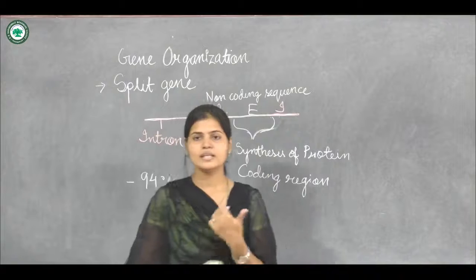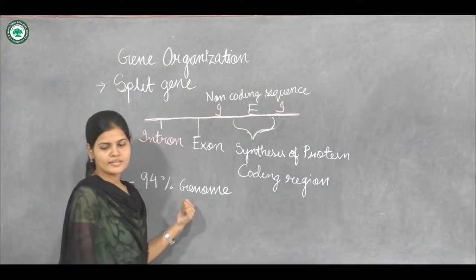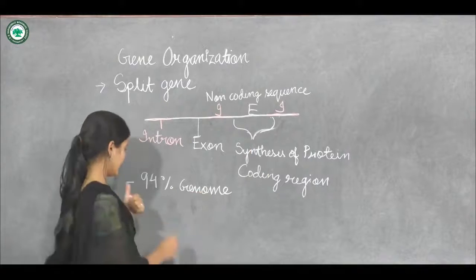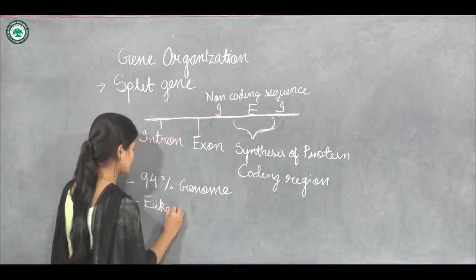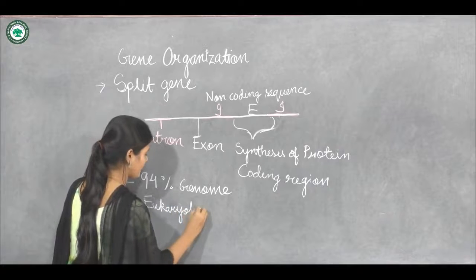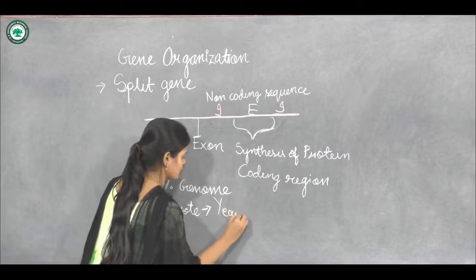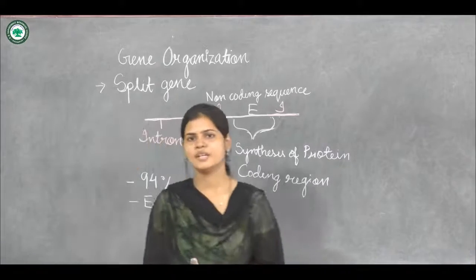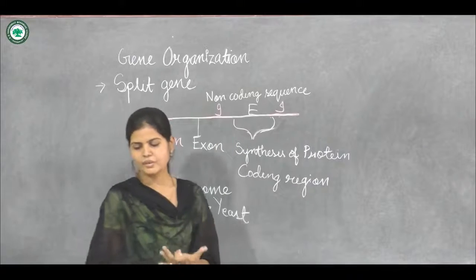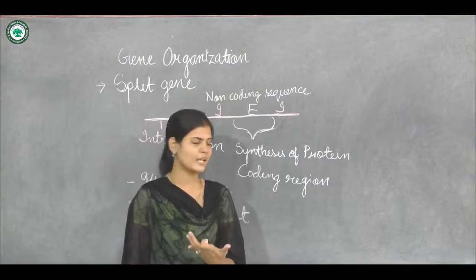But in lower eukaryotes, in yeast, there are very few interrupted genes, a minority of genes.